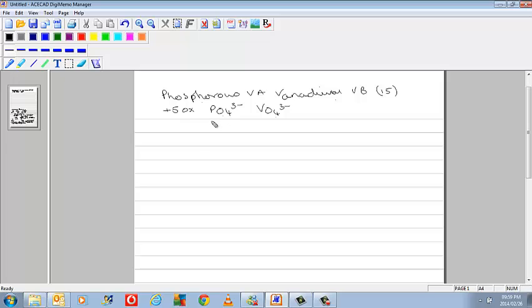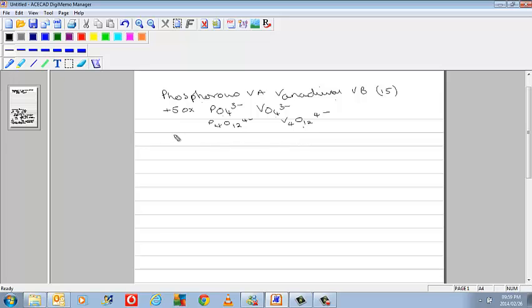For example, quite a rare one is P4O12 4-, and vanadium forms the equivalent V4O12 4-. So even in these unusual polymeric anions, they are similar, they are isomorphous and isostructural.